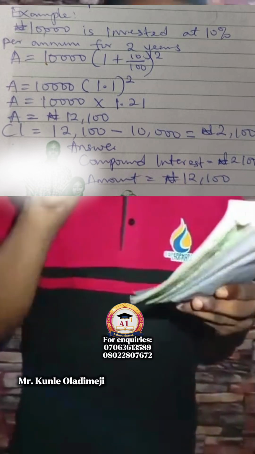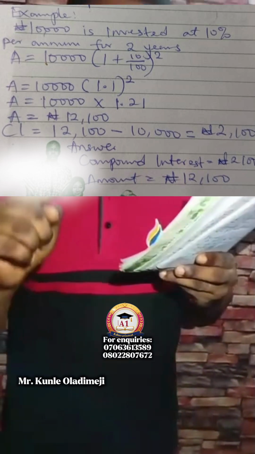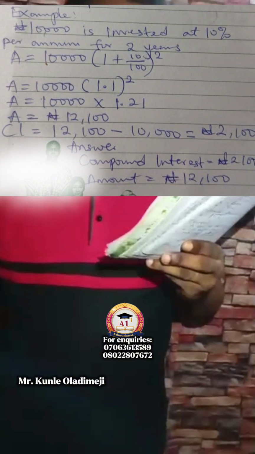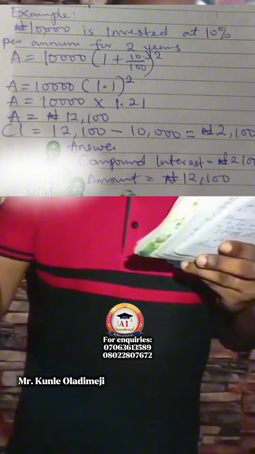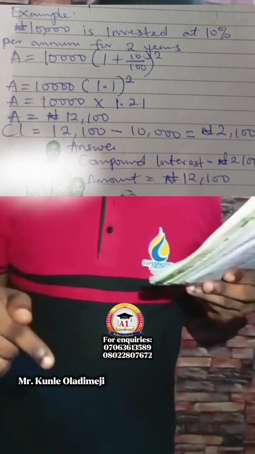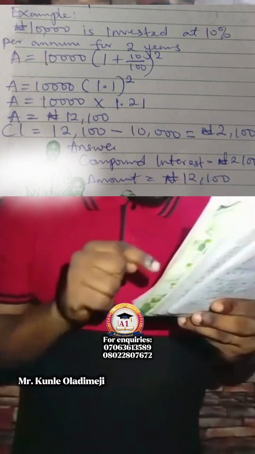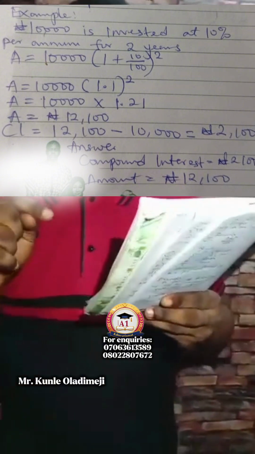I come again with that solution. I said amount A equals 10,000, open your bracket, then 1 plus 10 over 100. The 10 is the 10% over 100. Then close the bracket, then square it. So we move further to 10,000, open bracket 1.1 squared.